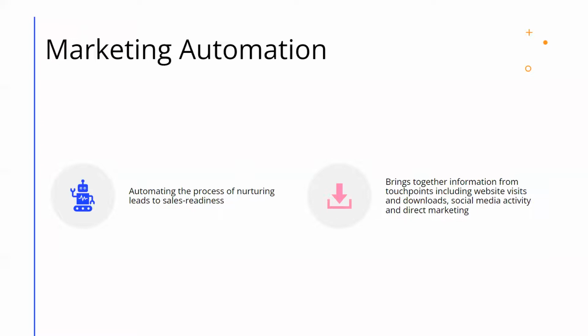Automating the process of nurturing leads to sales readiness is the definition of marketing automation. If I went on Amazon, I am their lead. What is a lead? A lead is a potential customer. Amazon will from time to time nurture me as a lead so that it can make an impact on my decision-making power.